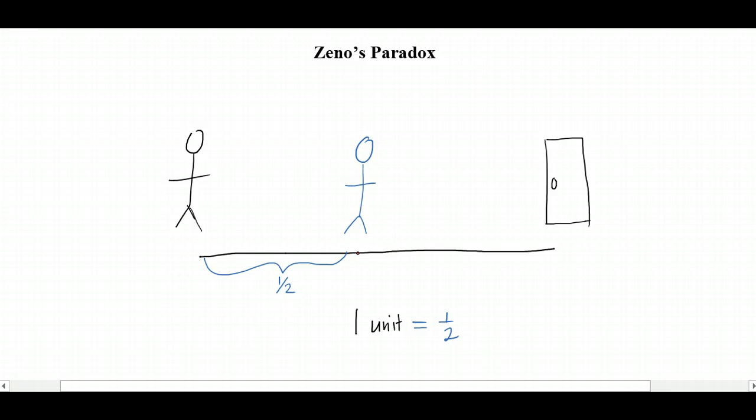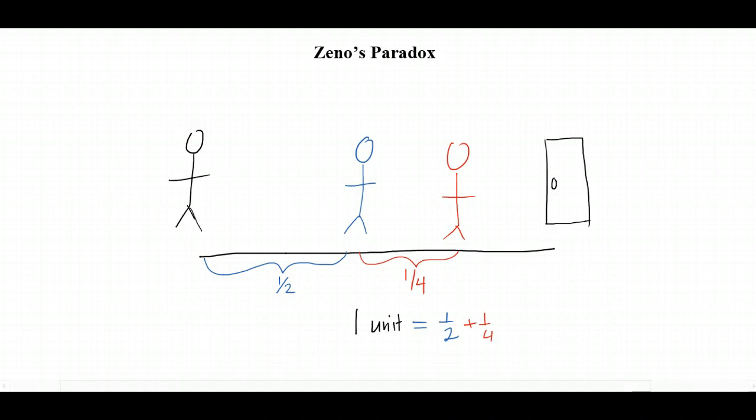So now he is standing right here, and he's gone a quarter of the original way. So right now this 1 whole unit is equal to 1/2 plus 1/4.